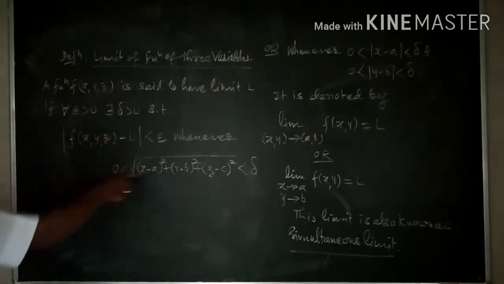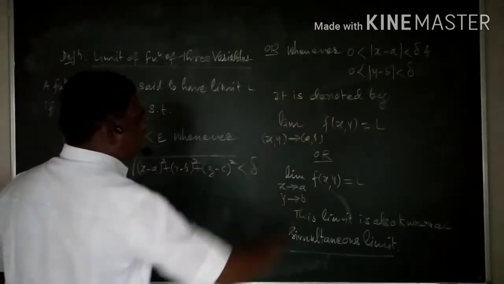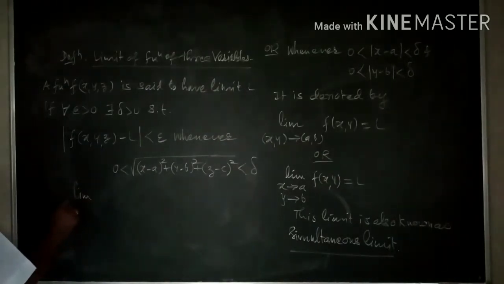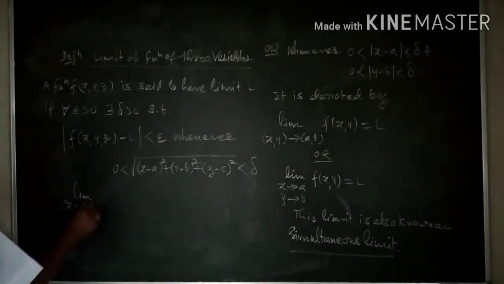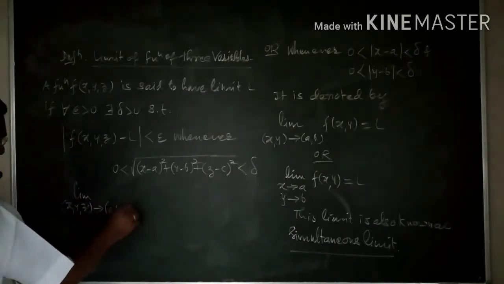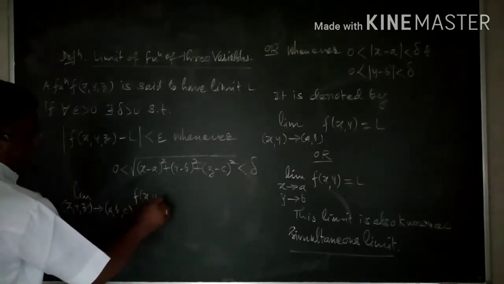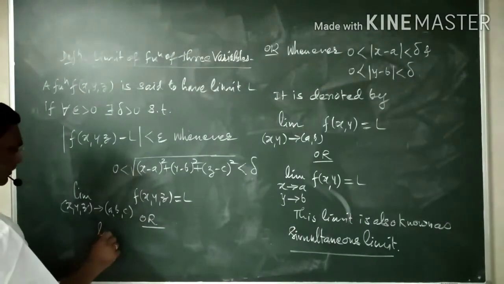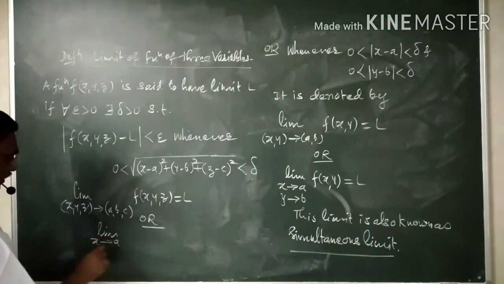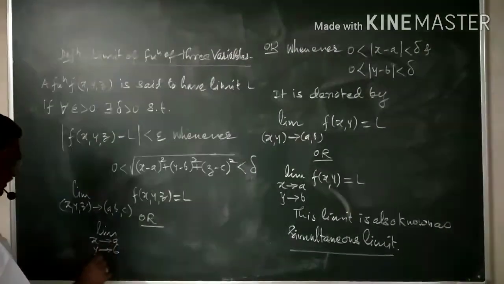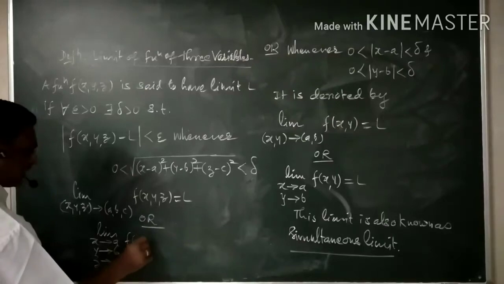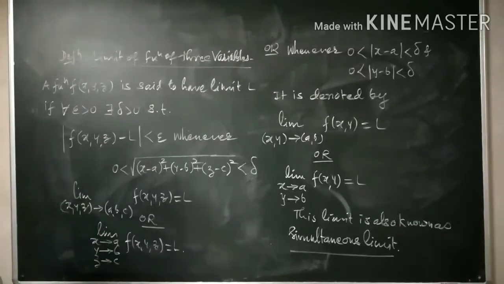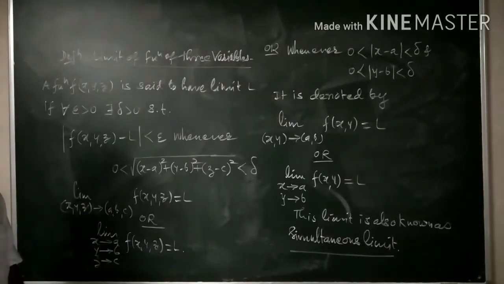Similar to the function of two variables, we can denote it as the limit as (x, y, z) tends to (a, b, c) of the function f of x, y, z is equal to L, or the limit as x tends to a, y tends to b, z tends to c of f of x, y, z is equal to L. This is the definition of the limit of a function of three variables.